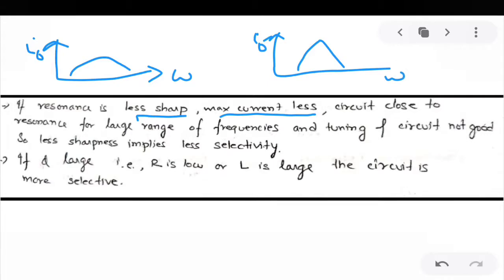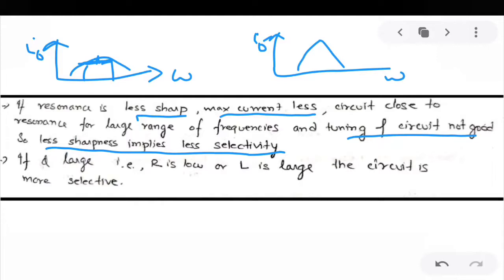So if the resonance curve is less sharp, maximum current is less, and the circuit is close to resonance for a large range of frequencies. Resonance is at this region, but for a large range of frequencies, it is close to resonance, and tuning of the circuit is not good. So less sharpness implies less selectivity.